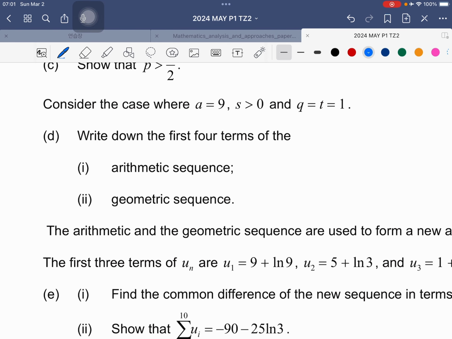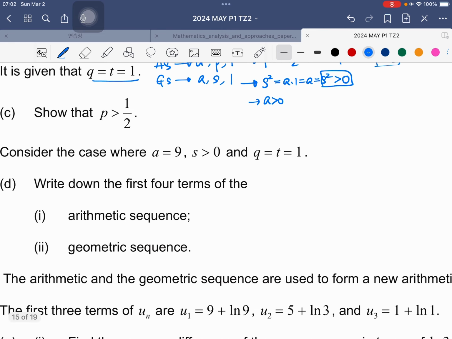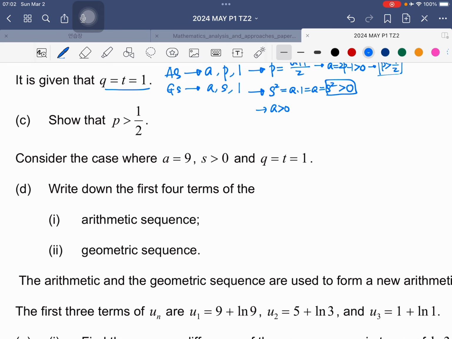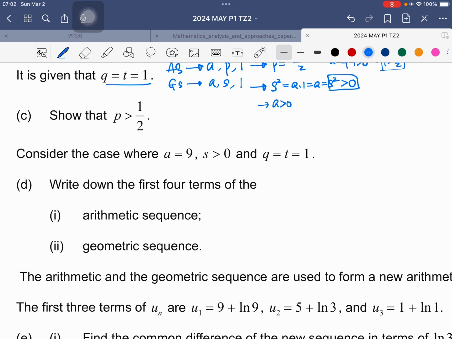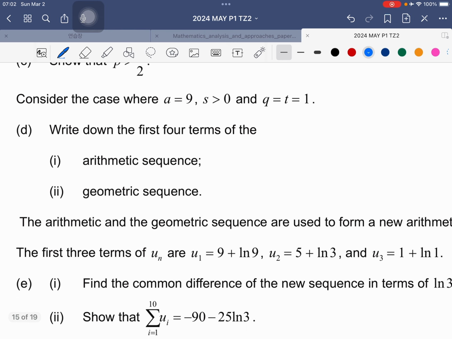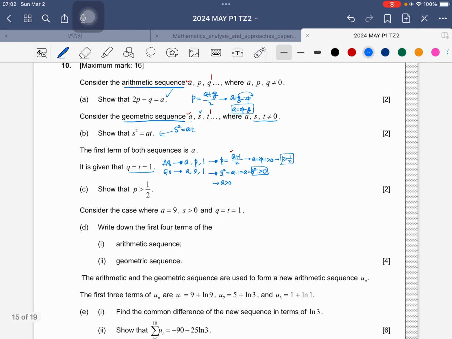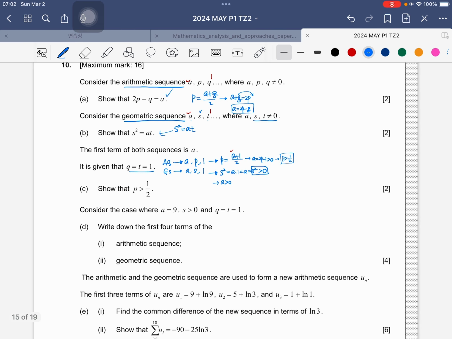Consider the case where A equals 9, S is greater than 0, and T equals 1. Write down the first 4 terms of the arithmetic sequence. So the first term is given. Arithmetic sequence A, P, Q, where A is given as 9 and Q is 1.